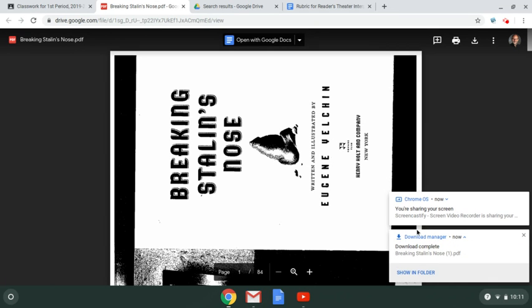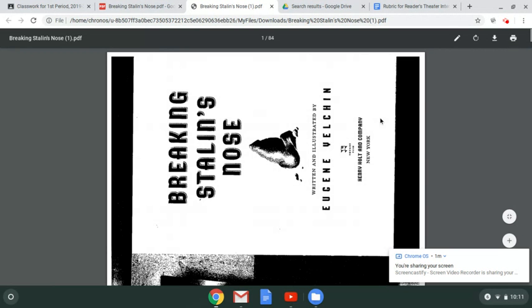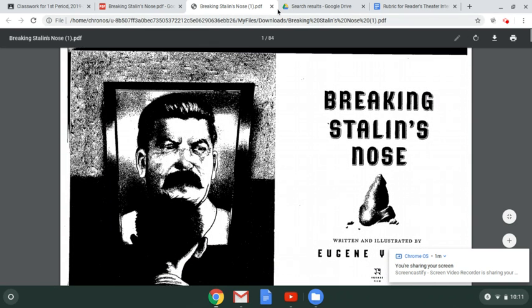My download manager is telling me to show it in a folder. I'm going to click on that. Yours may not be this many steps, but mine is. There's the PDF, open it. And then what I'm looking for eventually is that button up there, the circular arrow that rotates it, and then it's in normal mode.